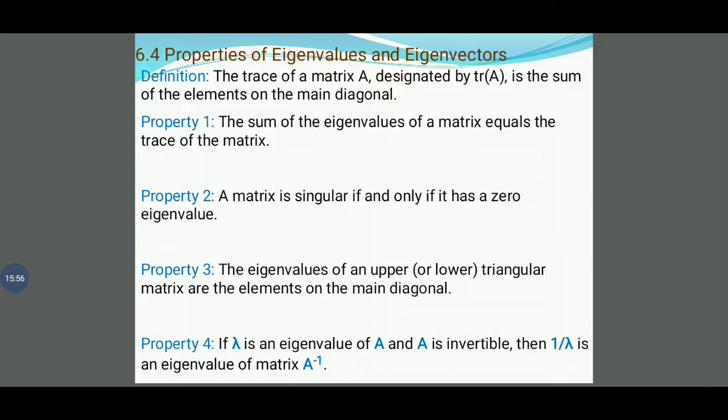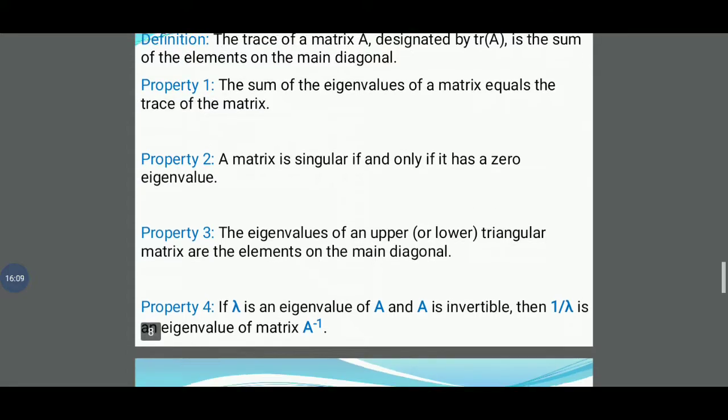This is the property for inverse matrix eigenvalues.